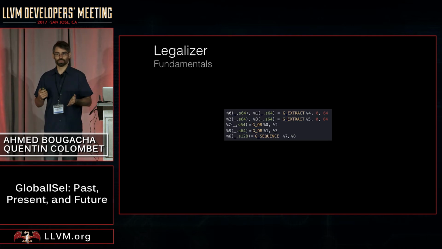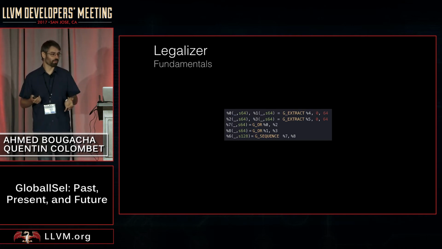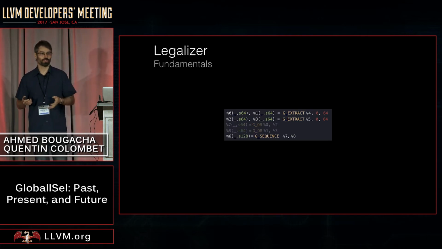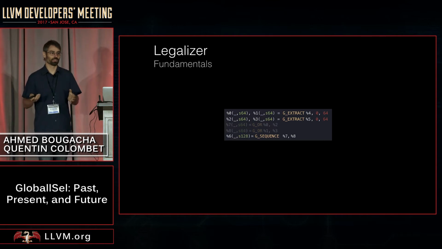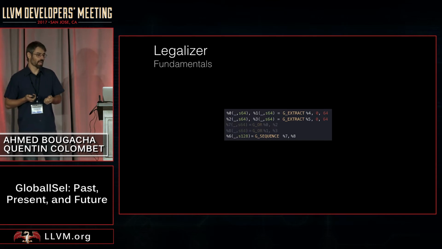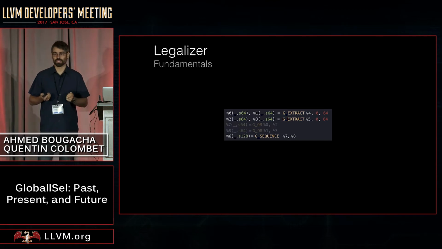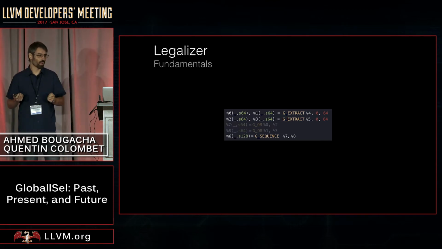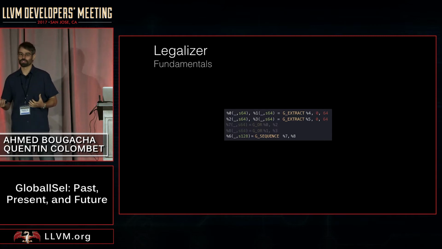The one thing to take away from that is that you end up with a bunch of instructions that are here to make sure the type system is consistent. We call those things the legalization artifacts. So why am I talking about those things?